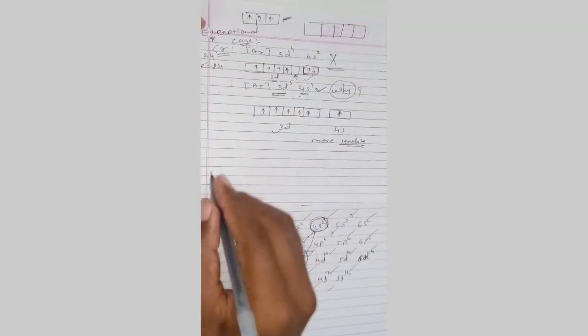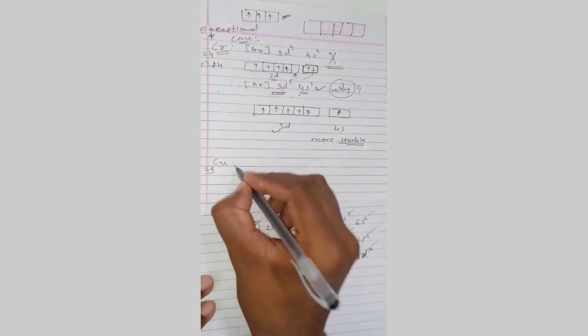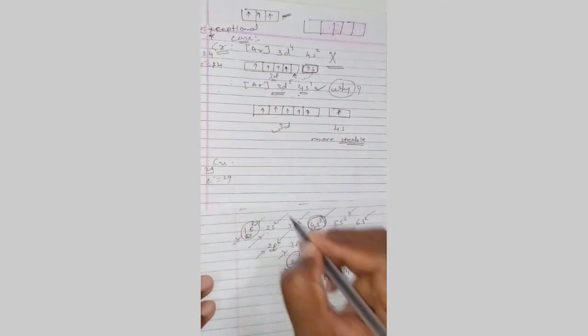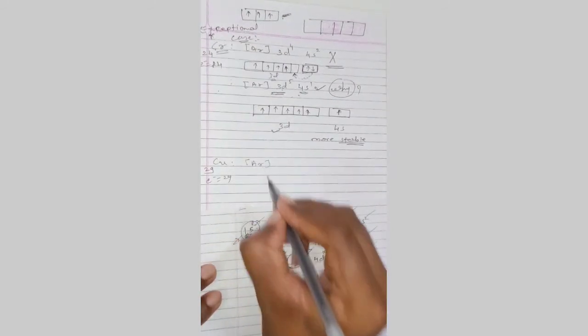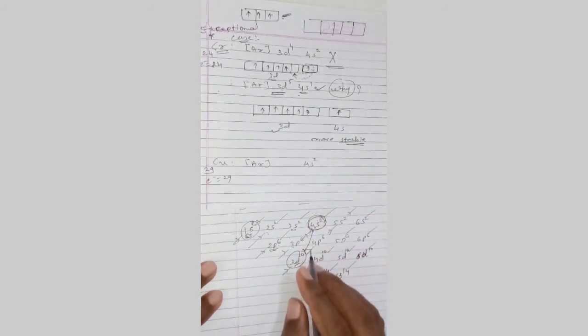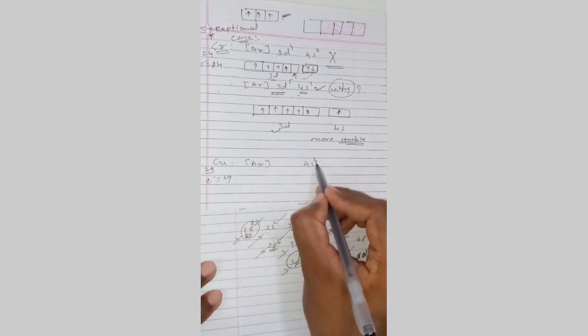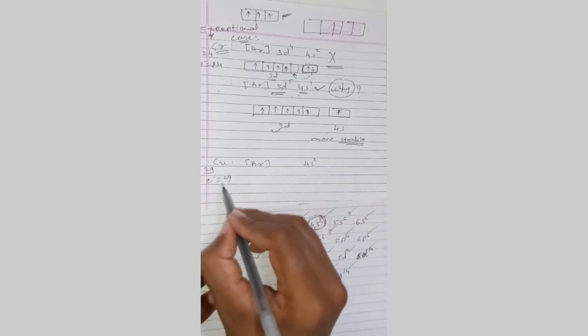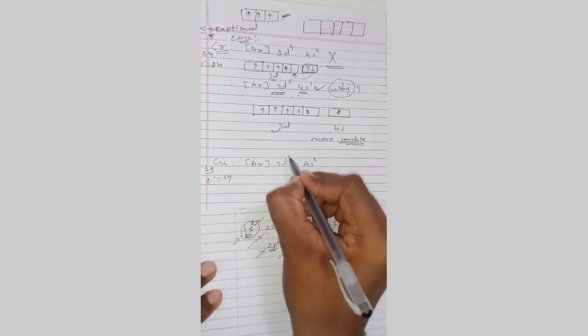Now let's see another example, copper 29. Okay, the number of electrons is 29. So its electronic configuration is argon, here 4s2, 18 plus 2 makes 20, and the rest of the 9 electrons enter into the 3d orbital.